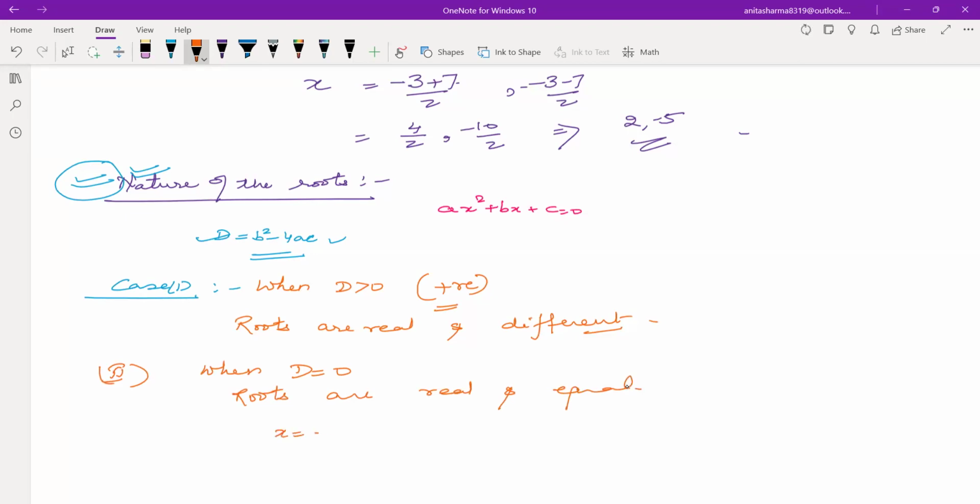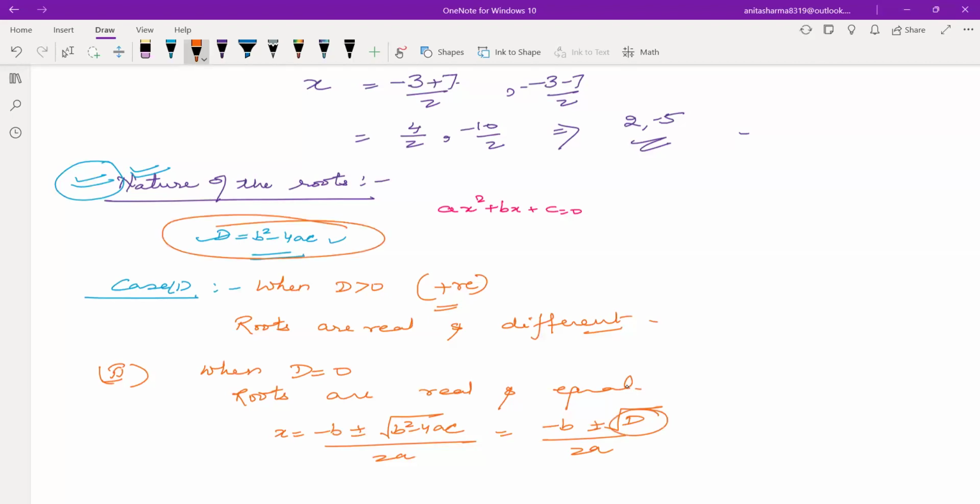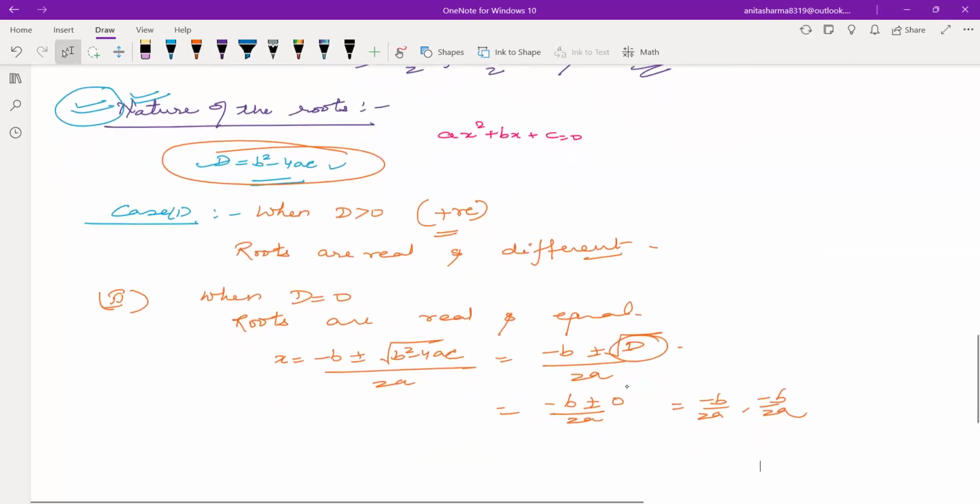You can see x is minus b plus minus under root b square minus 4ac by 2a, or you can write minus b plus minus under root D upon 2a, because discriminant is this value, b square minus 4ac. If this is 0, you will get minus b plus minus 0 divided by 2a. So both roots will be minus b by 2a, minus b by 2a. Clear, beta? So roots will be equal.